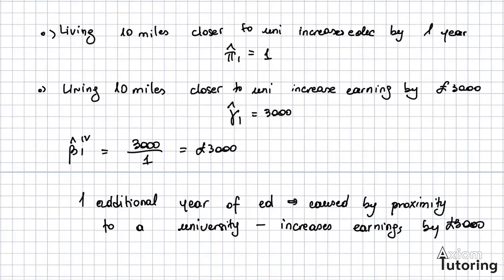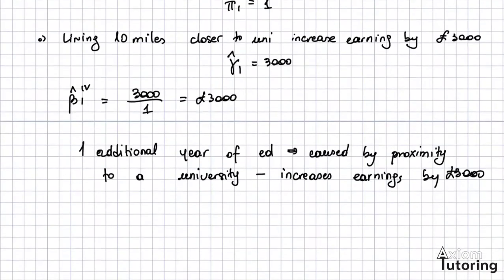If the first stage was weaker, then your beta 1 IV would have been, let's say, 3,000 divided by 0.5. So assuming it's weaker, not 1 year but 0.5, then you're going to have 6,000. So the weaker the first stage, the larger the scaling, and the more sensitive your IV becomes to sampling noise.